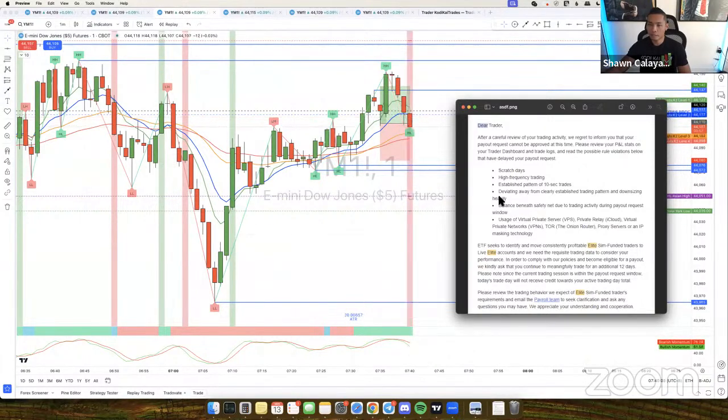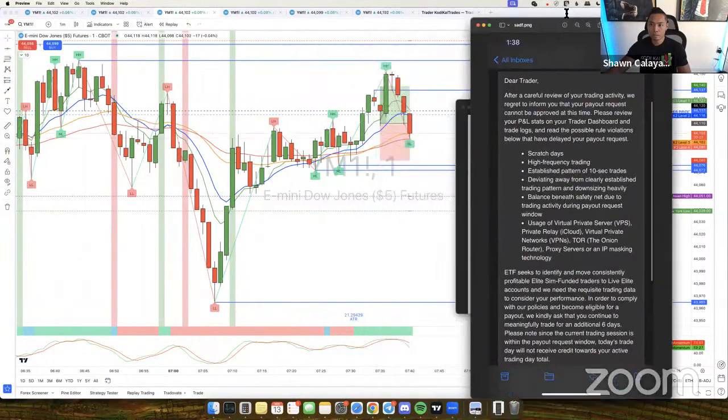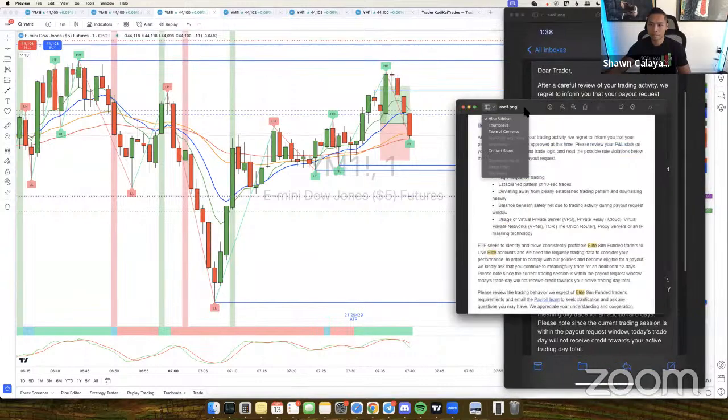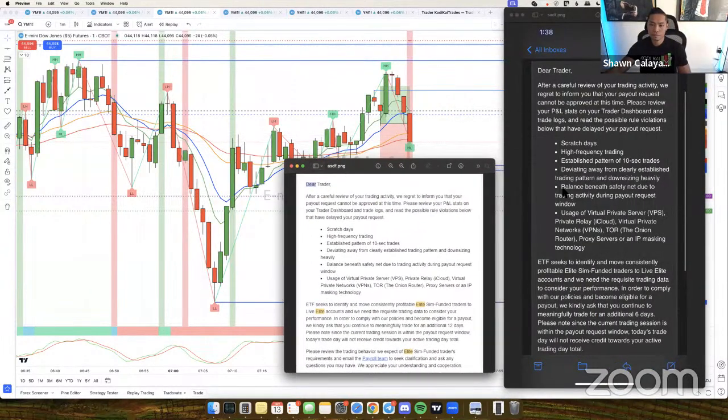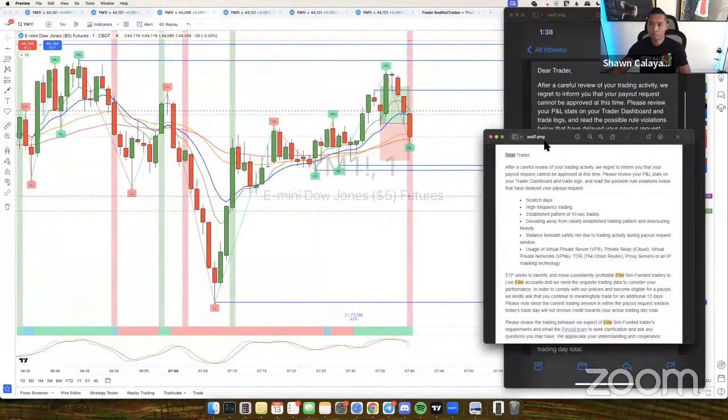The group that I'm in, they got this, and for the next one they just kept giving him the same thing, but he wasn't doing any of these things. Basically the same letter, twice, and he was only requesting 1,500, so it wasn't even that much. They just denied his payout.